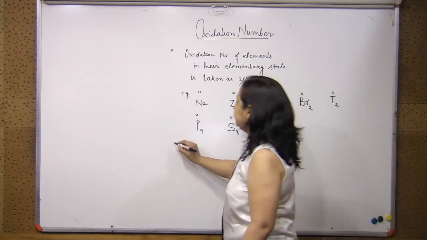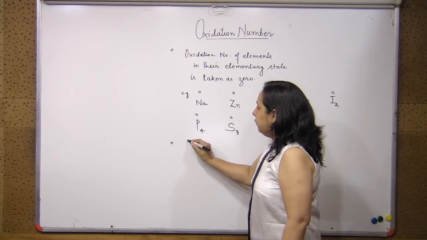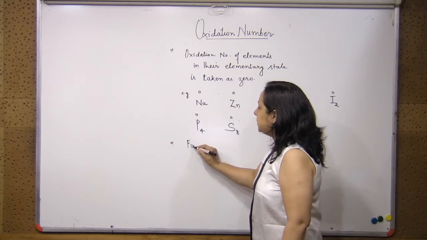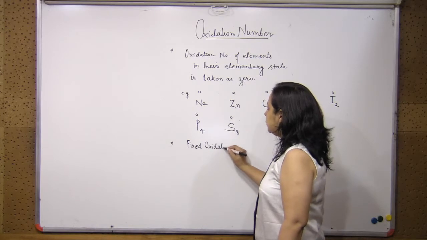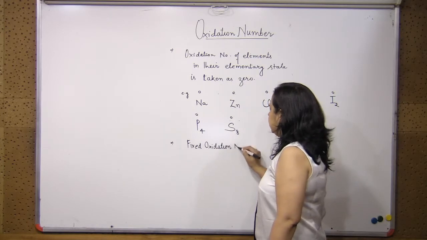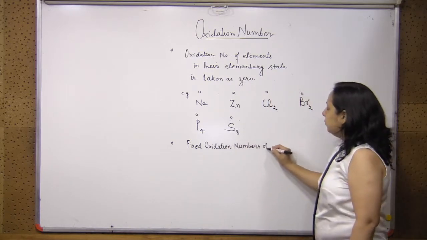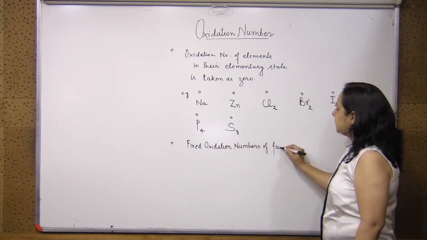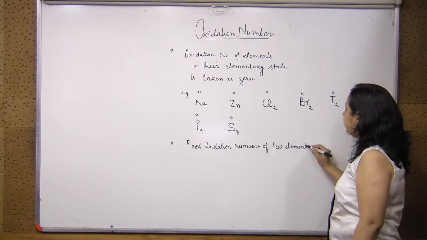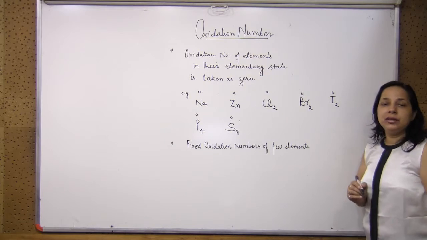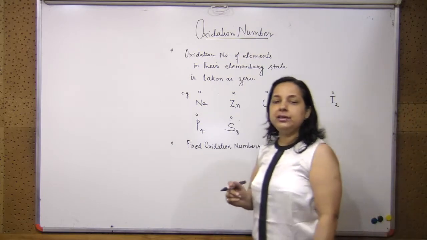Second point, fixed oxidation numbers of few elements. In our periodic table, we are having few elements with fixed oxidation number. That means their oxidation number do not vary in their compounds.